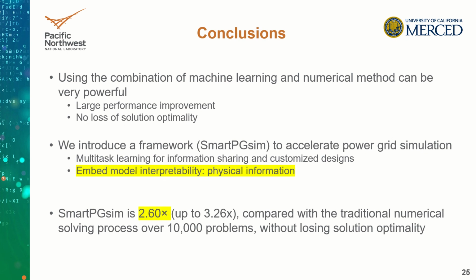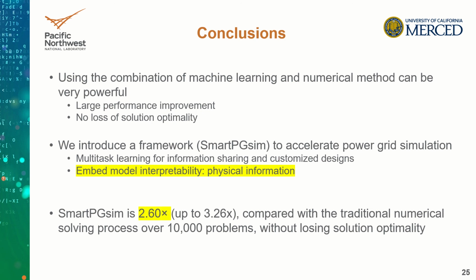So at last, we can draw a conclusion that using the combination of machine learning and numerical methods can be powerful. Utilizing the neural network topology will bring large performance improvement, and using the numerical method can guarantee our solution is always feasible.